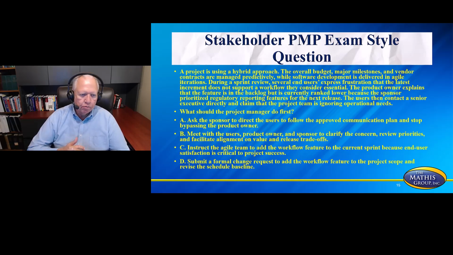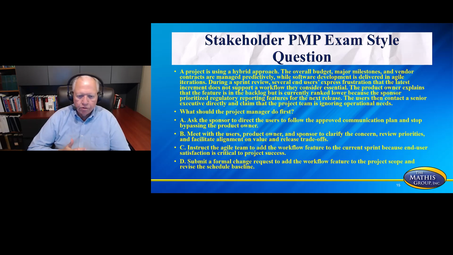The product owner explains that the feature is in the backlog but is currently ranked lower because the sponsor prioritized regulatory reporting features for the next release. The users then contact a senior executive directly and claim that the project team is ignoring operational needs. What should the project manager do first?